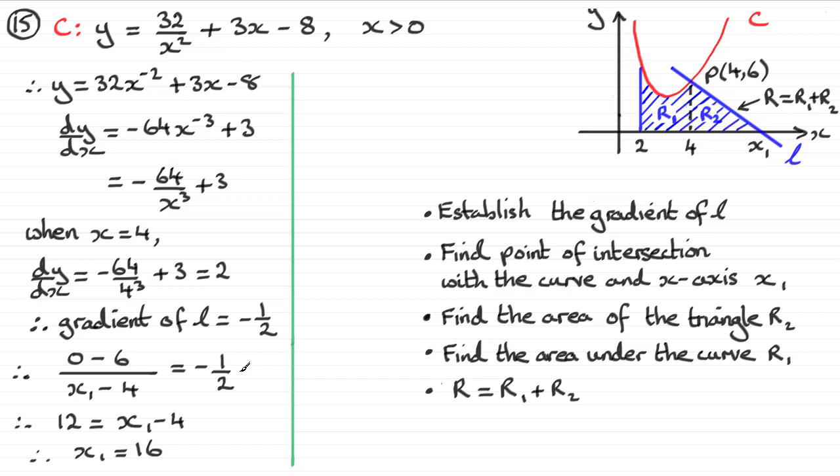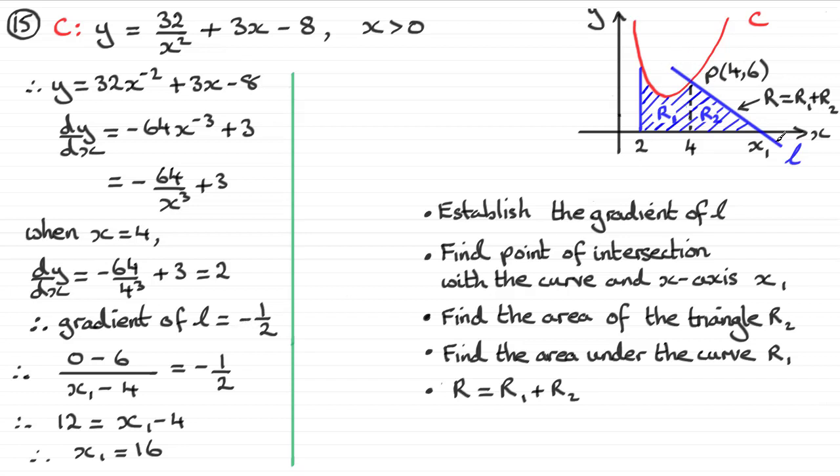And working this out, multiplying both sides by 2 and x1 minus 4 gives us this equation, which you can see by adding 4 now to both sides gives us x1 is 16.